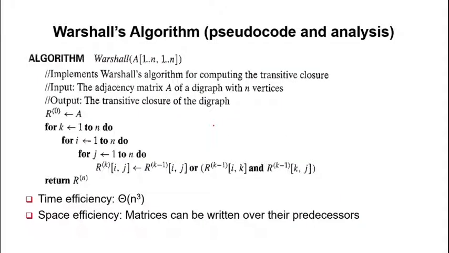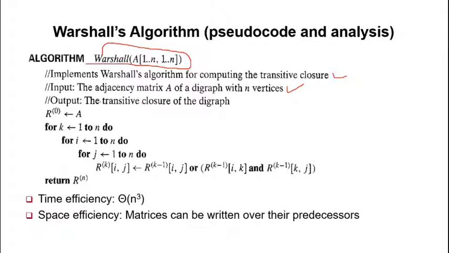Before we go to the next part, to find the transitive closure, look at the Warshall algorithm, where we have a 2D array 1 to n, 1 to n. Implement Warshall's algorithm for computing the transitive closure. The input is the adjacency matrix A of a digraph, a directed graph with n vertices.